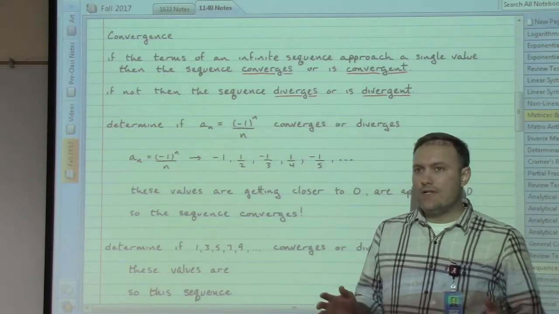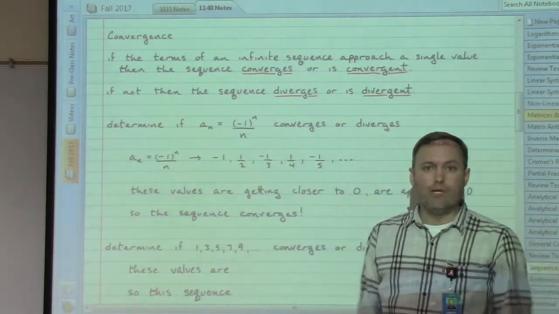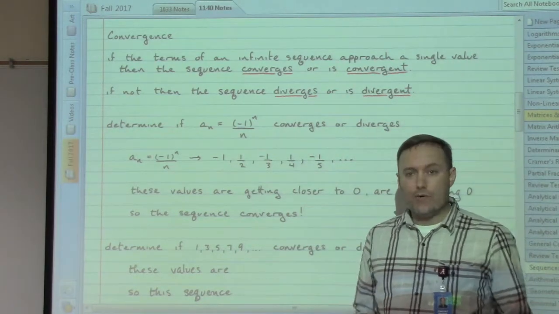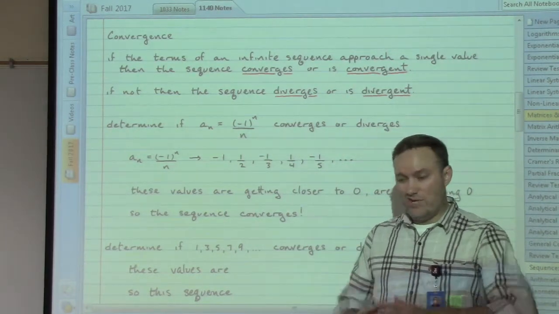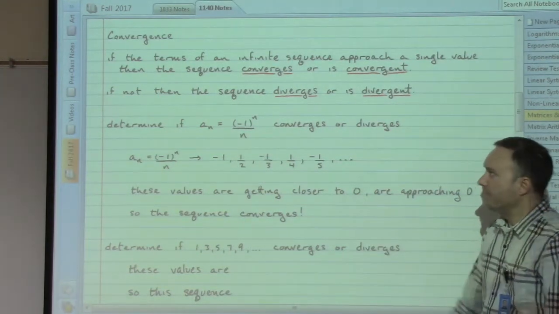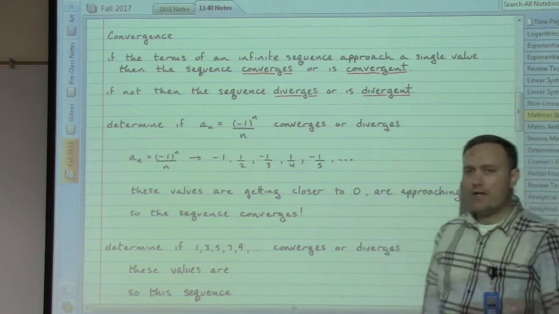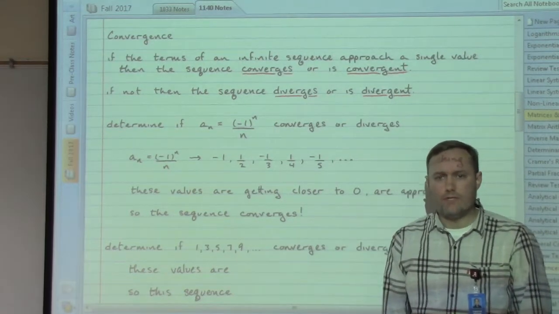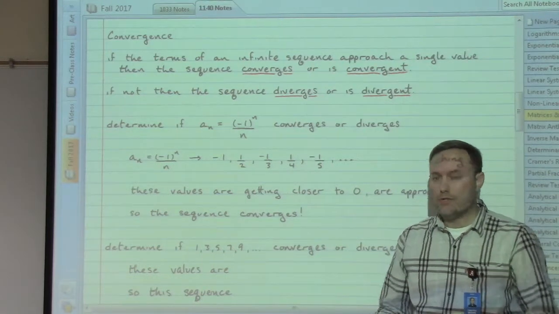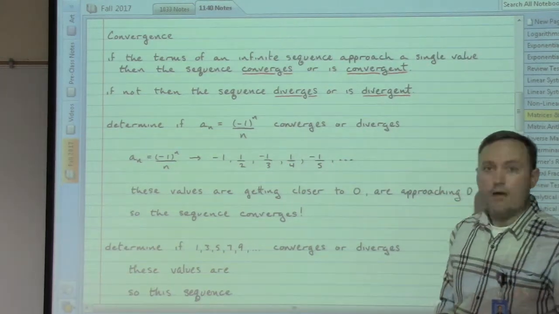Is it increasing and just kind of blowing up, never getting close to anything? Is it decreasing and, again, just kind of blowing up, never getting close to a particular number? And the idea here that we're talking about is referred to as convergence.